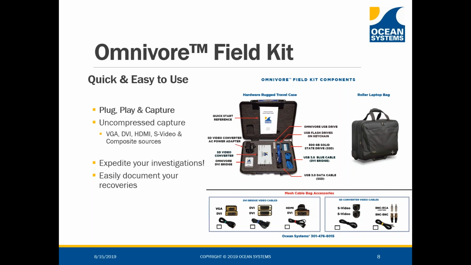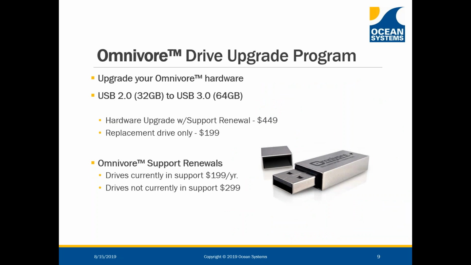So the Omnivore Field Kits, of course, are very, very helpful for expediting access to actionable information and documenting those digital CCTV recoveries. Well, what if you have an older Omnivore drive, USB 2, 32 gig drives? Of course, flash drives are limited write media.